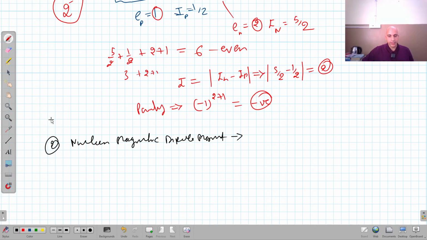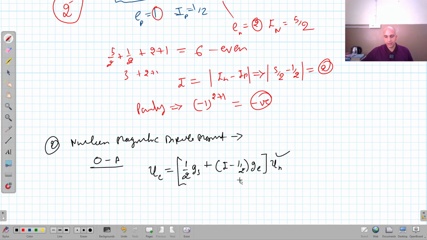And for odd A nuclei, as I told you, it gives a formula that is mu is equal to 1 by 2 g_s plus I minus 1 by 2 into g_L, whole term, in nuclear magneton. I have already explained this term, nuclear magneton.